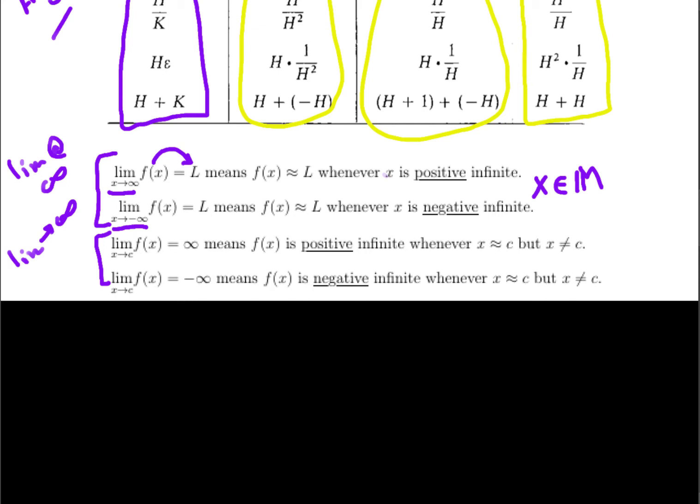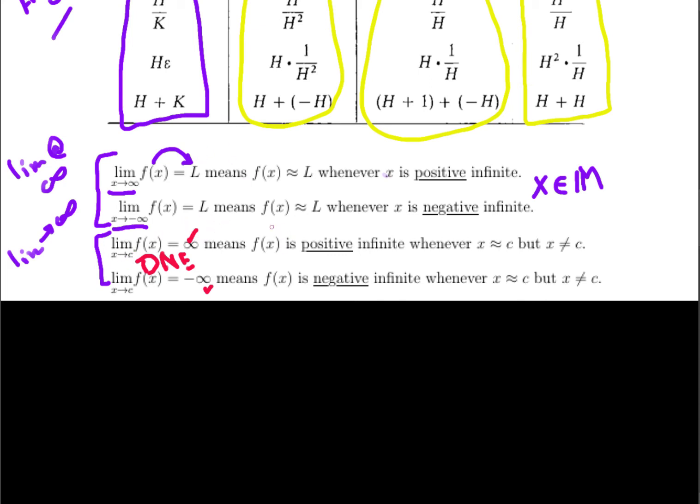On the other hand, if we are saying that a limit goes to infinity, now let me be very clear what's being said here. These limits do not exist because this is not a real number and this is not a real number. So we're not saying that this limit exists, but we are saying that it fails to exist in a very particular way. What we're saying is that when x gets close to c, now c is a real number, then the output gets infinitely large.